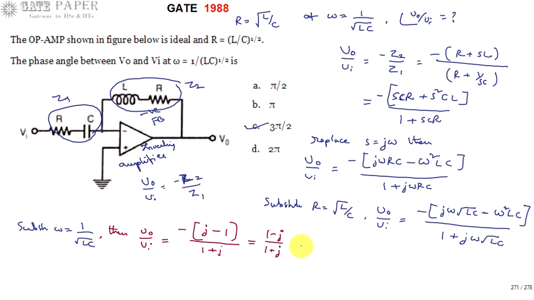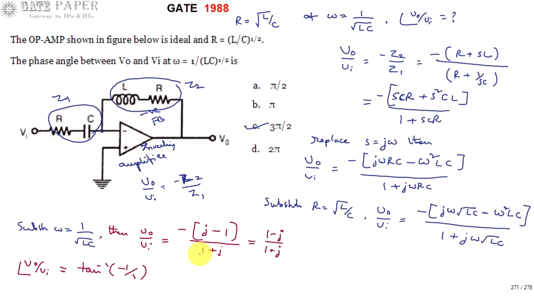For this, you are going to calculate the phase angle of V0 by Vi at omega equal to 1 by root LC. First, tan inverse of imaginary by real for the numerator: imaginary is minus 1, real is 1.